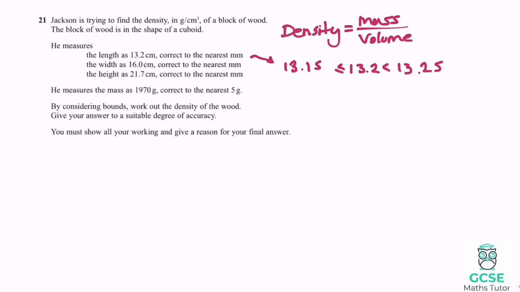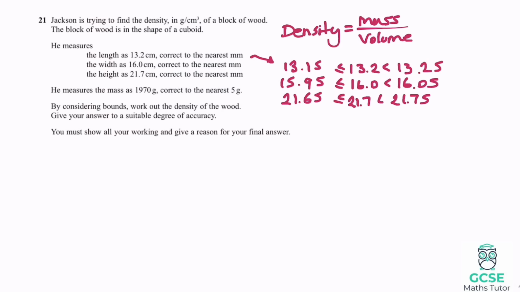Onto the one below, we've got 16.0, so that's going to be 16.05 for the upper bound, and, sorry, not 16.95, 15.95 for the lower bound. And then doing the last one, very similar fashion here, 21.7. The upper bound there is going to be 21.75, and the lower bound is going to be 21.65. Now I've got all my bounds there for the lengths that I'm going to use for the volume.